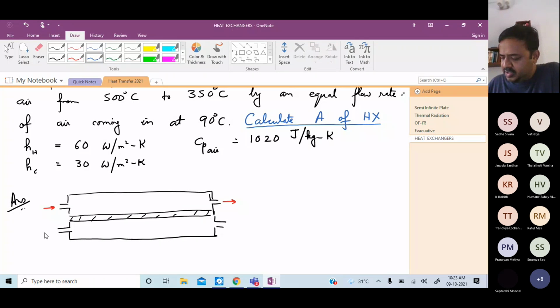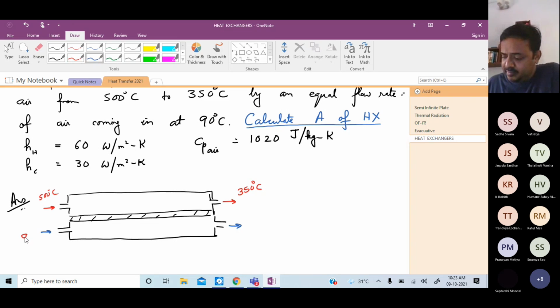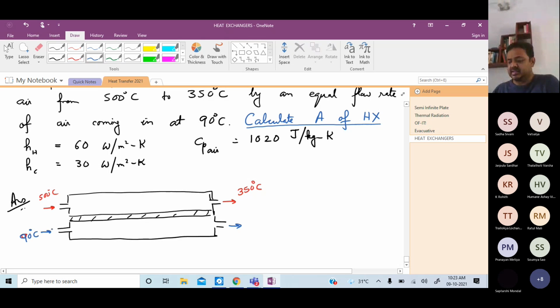I also have cold air coming in and exiting. The hot air temperature is 500 degrees C at inlet and 350 degrees C at exit. Cold air is 90 degrees C at inlet, exit we don't know.